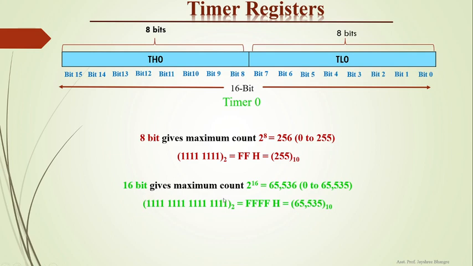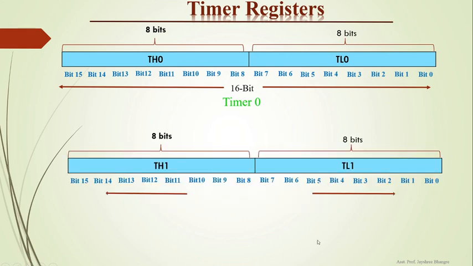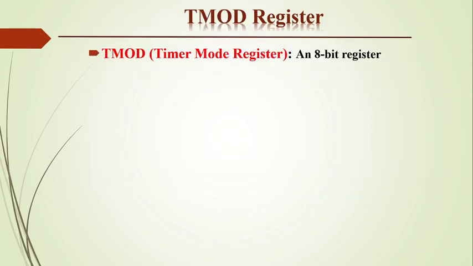That is represented in binary as 16 ones, and in hex as FFFFH, that is 65,535. Similarly, timer 1 consists of 2 8-bit registers, TL1 and TH1, and it can be used as an 8-bit timer or as a 16-bit timer.